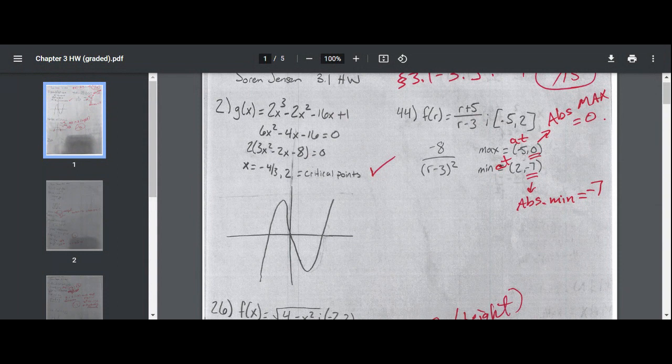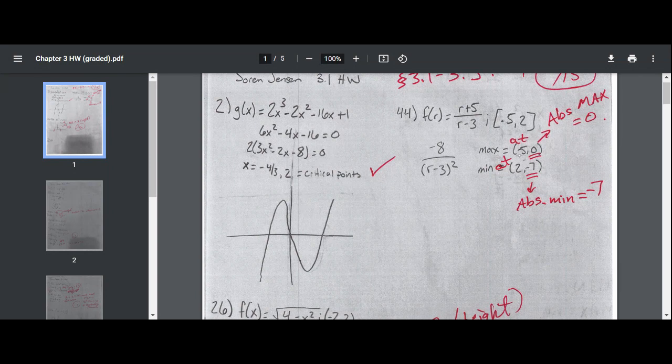Like this point right here on number 2, that's a relative maximum, right? I don't know what the height is there, but if that's a height of 16, then that's what the relative maximum is. So the absolute max is the height, the output, and the absolute minimum is the lowest height.